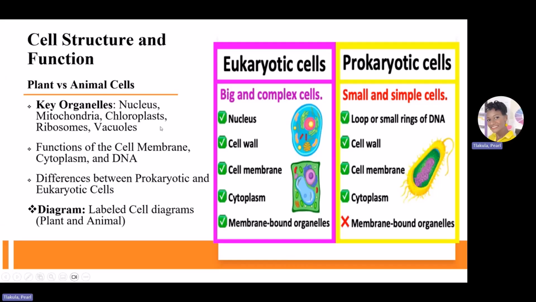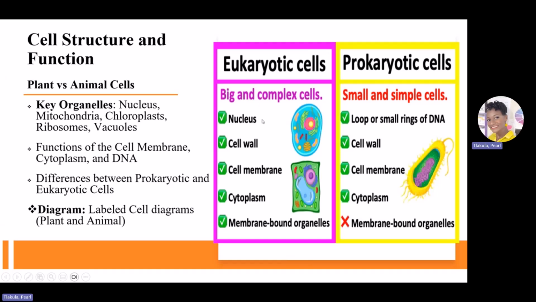So you should also be able to differentiate between the prokaryote and the eukaryote cells. Like this picture that is here on our side, you see the differences between the eukaryotic cells and the prokaryotic cells is that the eukaryotic cells are big and very complex. This will be your plants and animals.